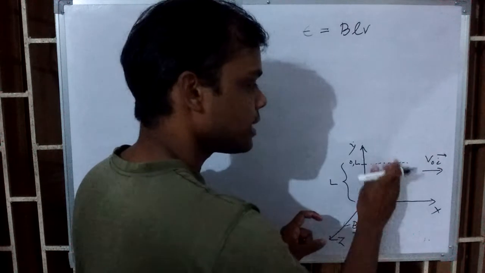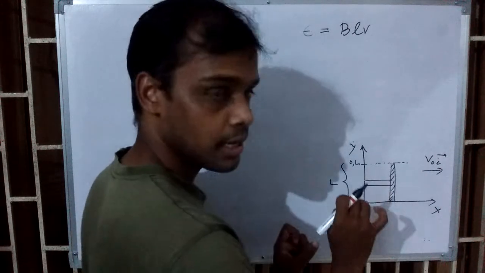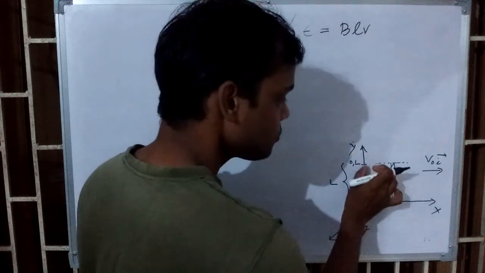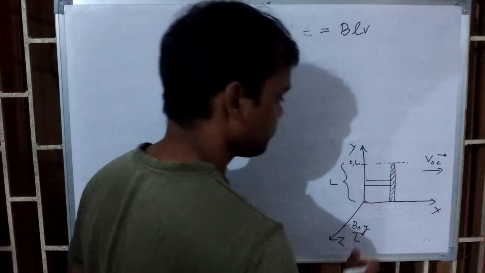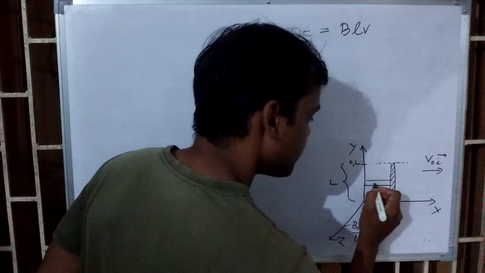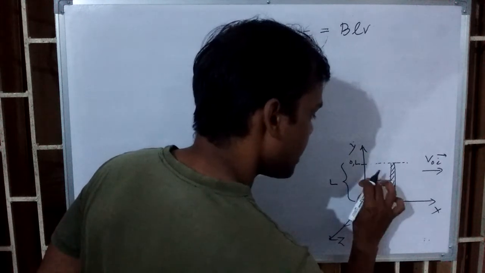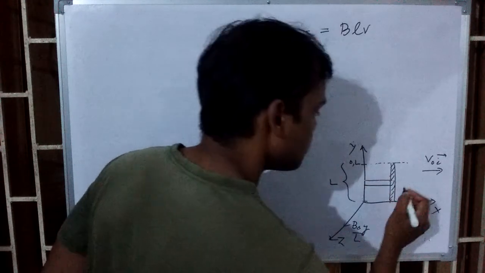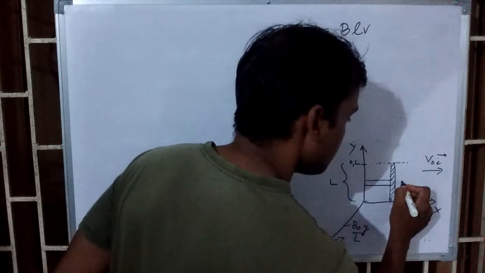The length of the area is known to me, that is capital L, but the width is varying continuously. Suppose this element has some width dy.